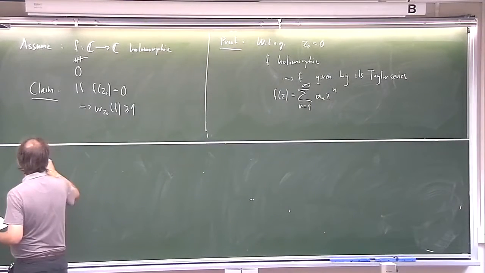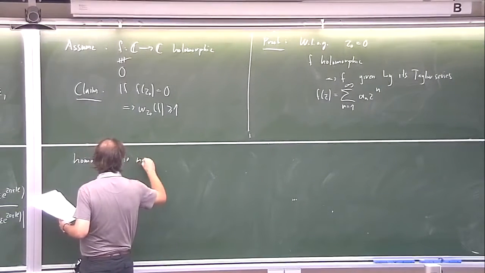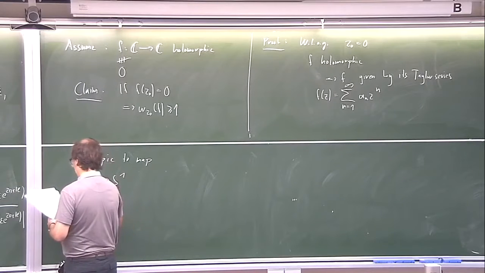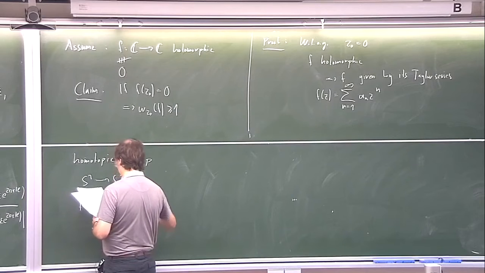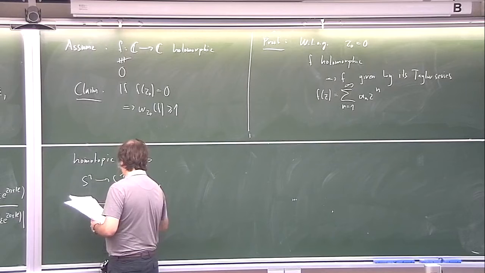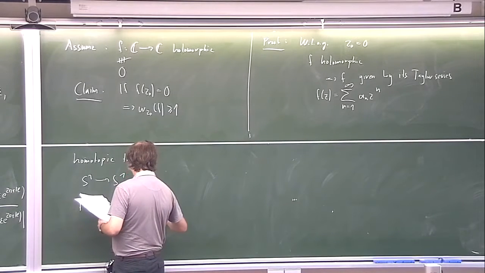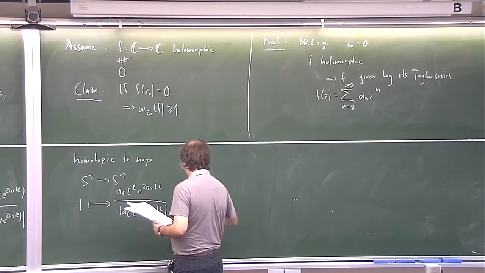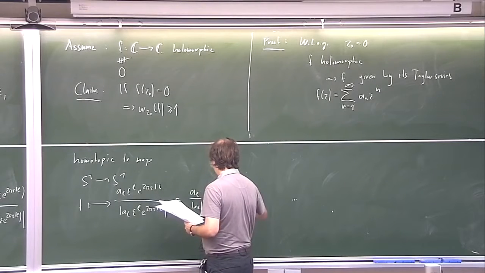This is homotopic to the map S1 to S1, T maps to a_ε L e^(2πi T L) divided by |a_ε L e^(2πi T L)|, which is a divided by the absolute value of a times e^(2πi T L).